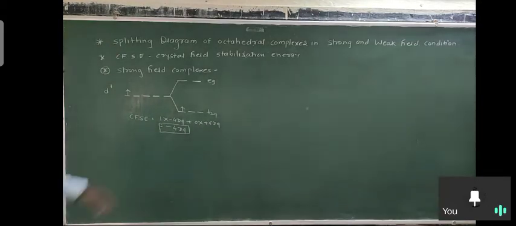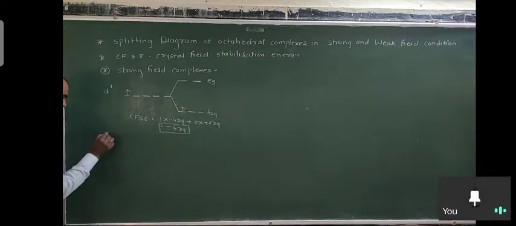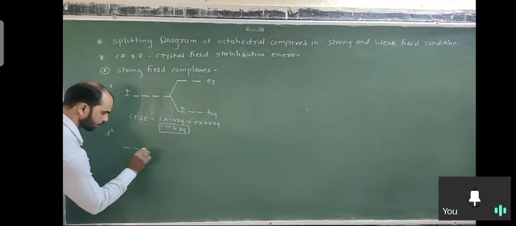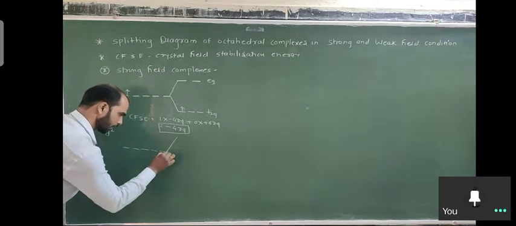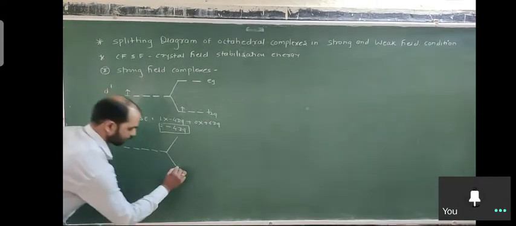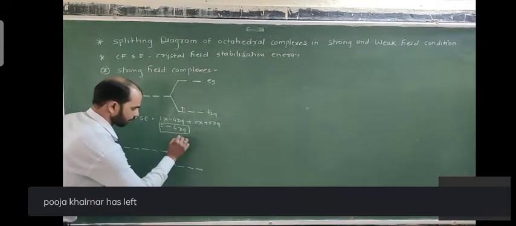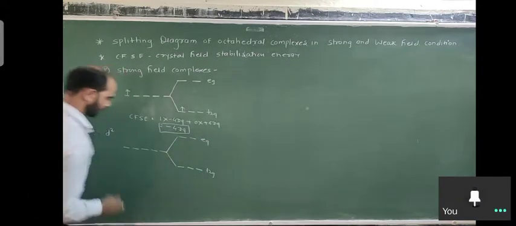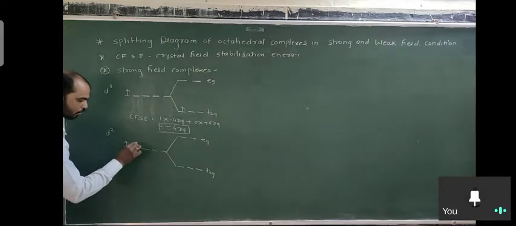In the same way we are going to calculate for d2. Again we draw 1, 2, 3, 4, 5, then we split into two states: 1, 2, 3 in t2g, and 1, 2 in eg. Here how many electrons? 2 electrons.